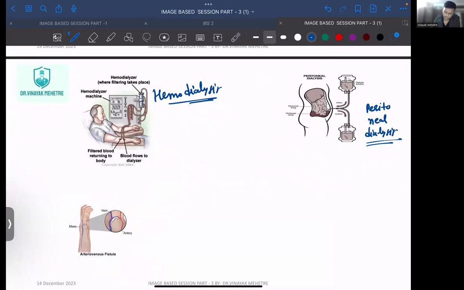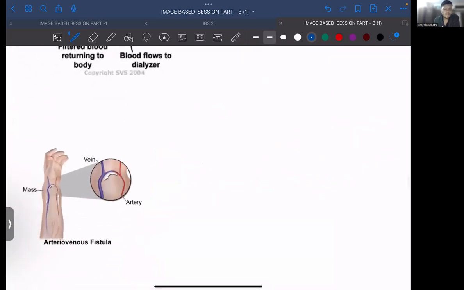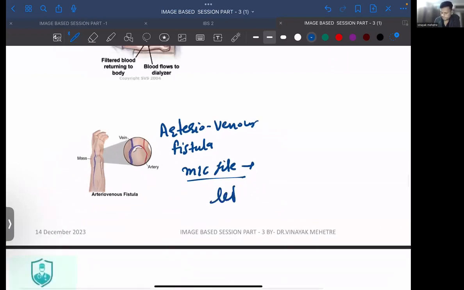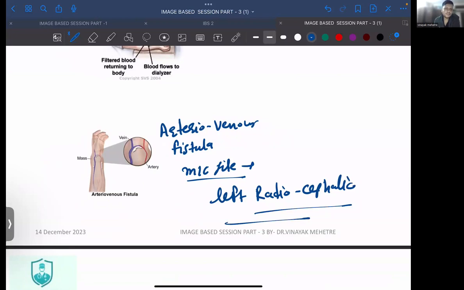And to avoid putting the catheter, we will make an arteriovenous fistula. Most common site for arteriovenous fistula is, anyone? Left radiocephalic.